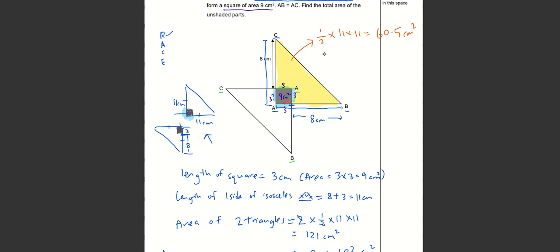And then here I take away 1 square, over here this is the 1 square, so the area of this yellow part will be the area of one unshaded part, to be exact.